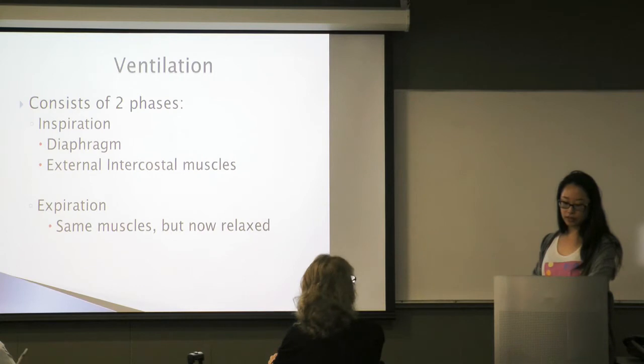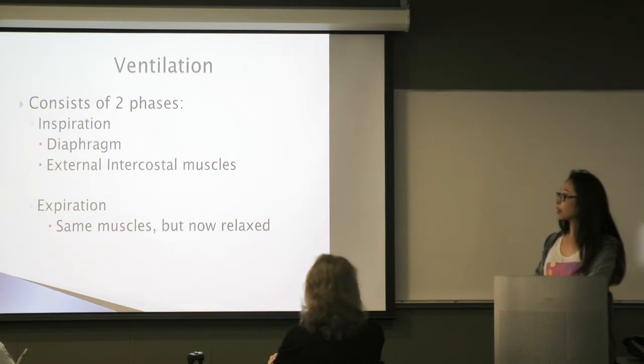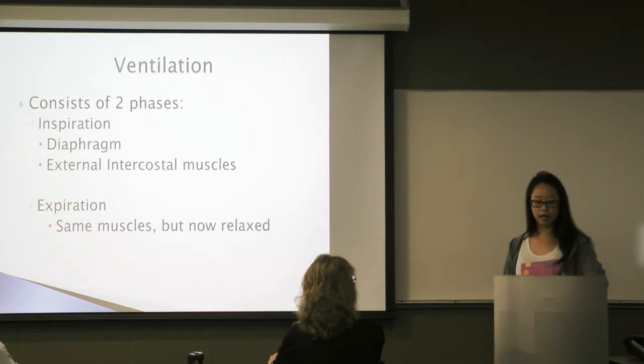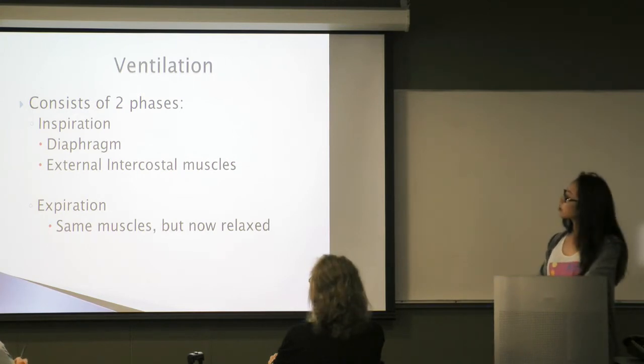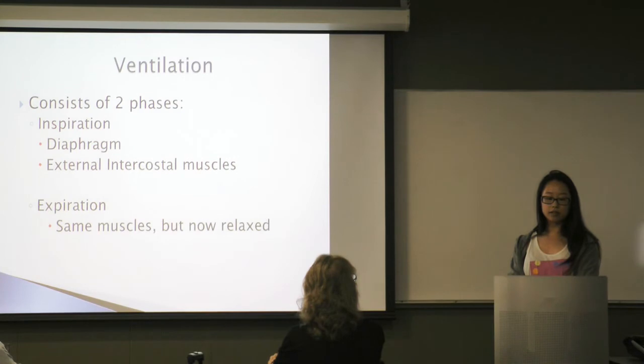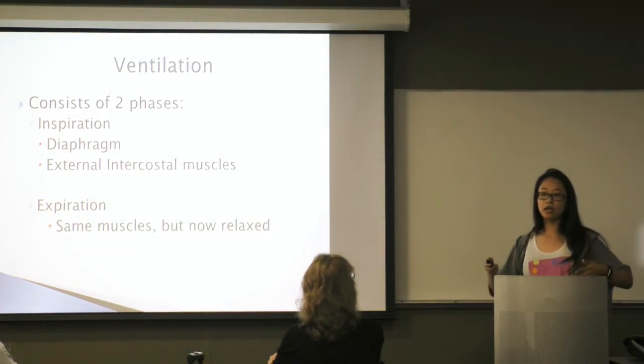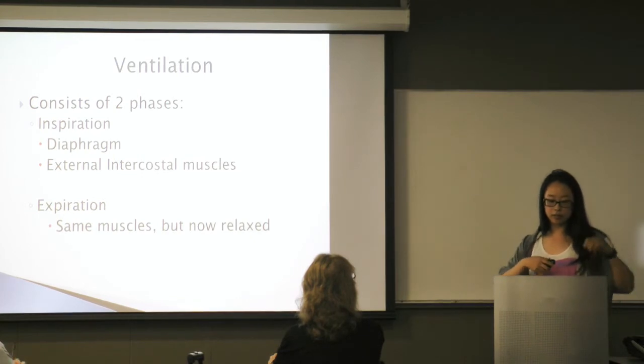And then it functions to increase the volume of the thorax, which is the region between our neck and our abdomen. And the external intercostal muscles also help with this as well. The intercostal muscles are the muscles that run in between the ribs. And the external intercostals lift the ribs so that the thoracic cavity enlarges laterally, anteriorly, and posteriorly.